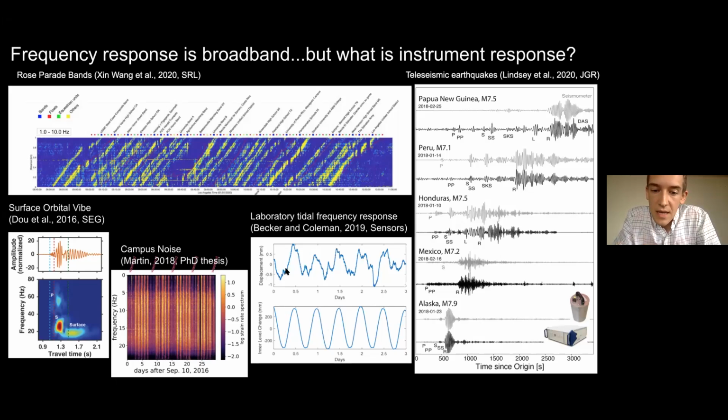And they saw the same response of the fiber. So this suggests that the frequency response of DAS is incredibly broadband, right? It's down to the tidal band. That's one of the most broadband instruments that we have.